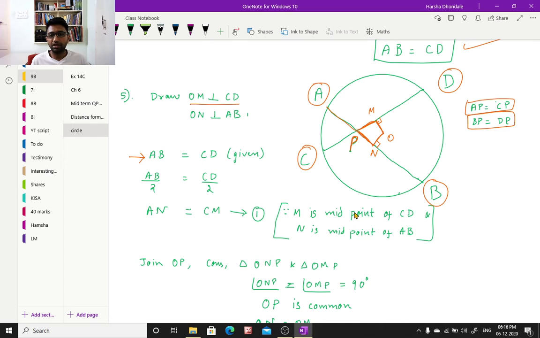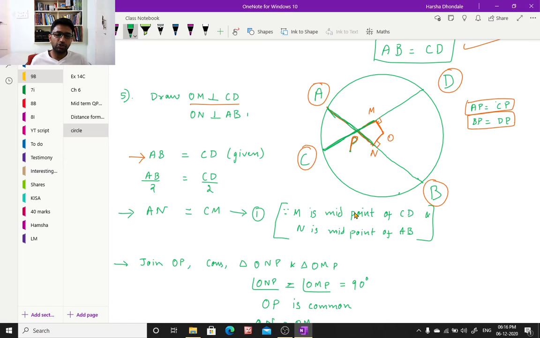Similarly, CD by 2 gives me CM. And how do I know that? M is the midpoint of CD. Therefore, CD by 2 gives me CM. This is what is written here, and I'm calling this equation 1. The reason I've given here: M is the midpoint of CD and N is the midpoint of AB.